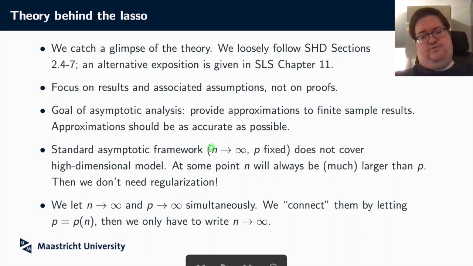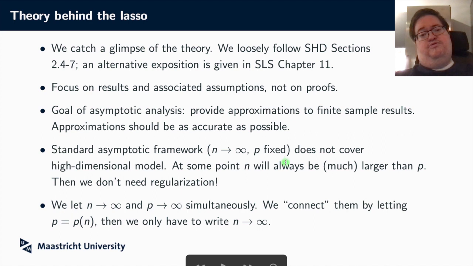So in this framework you would always find that, for instance, least squares works fine. No matter how large p is, as long as it's fixed and not growing with n, least squares will do fine. So we will not need any regularization. We do not need to use the lasso or anything else that we do in this course. So we don't want to work under this framework, because it will not give us meaningful, insightful information.